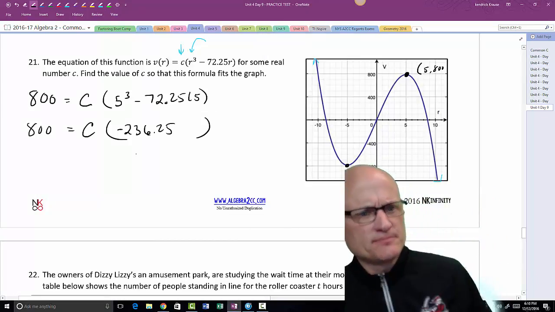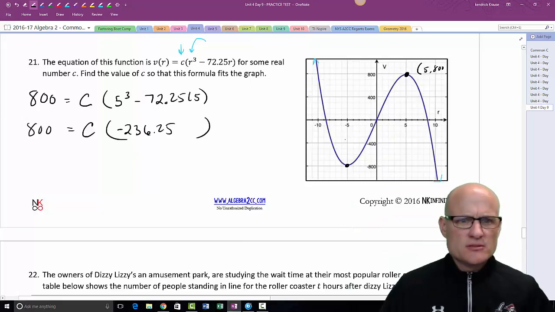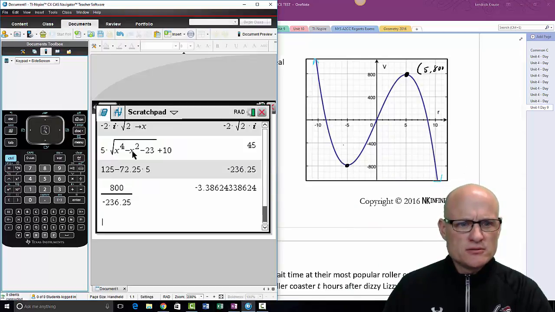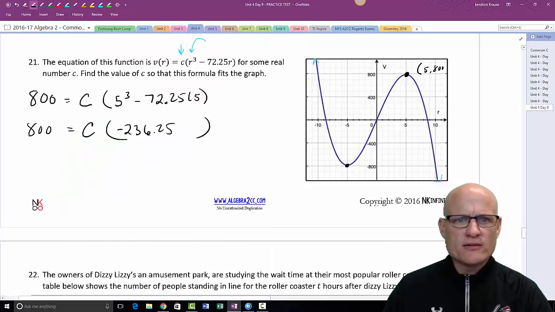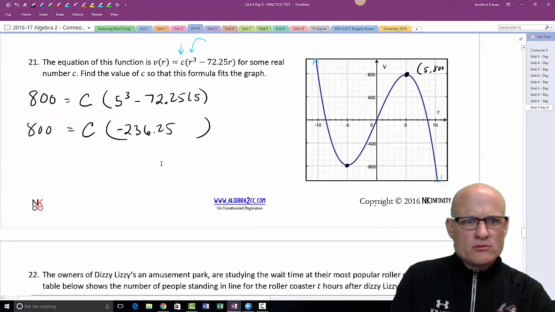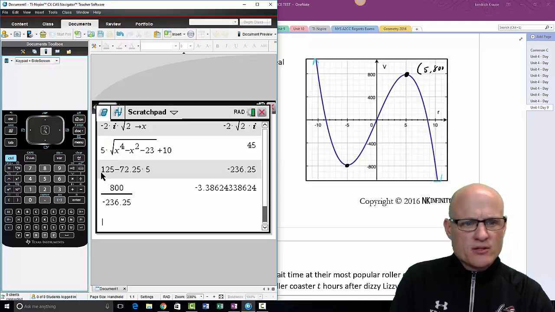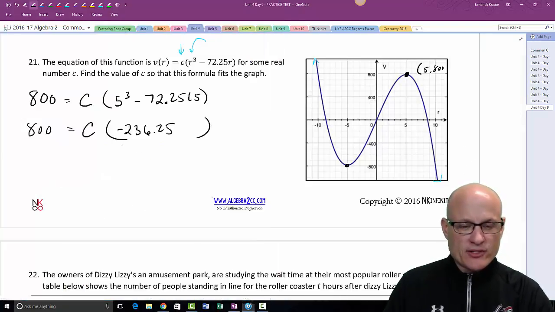I thought this worked out nicely. 125 minus 72.25 times 5. Okay. So negative 3.86. Let's round it.